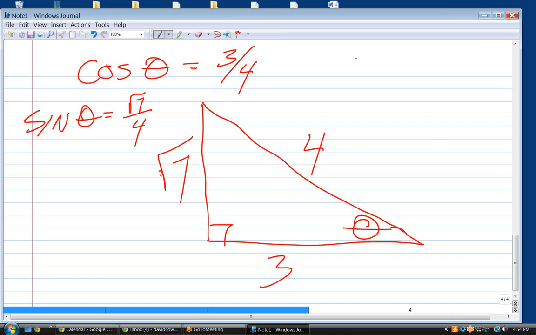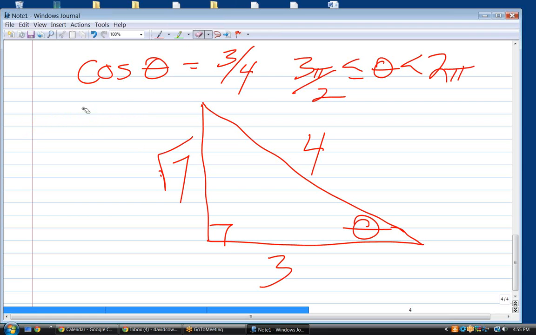In other words, they could have said cosine of theta is 3/4 and theta is greater than or equal to 3 pi over 2 and less than 2 pi. That's the typical problem, where they give you a trig function and tell you which quadrant it's in. You still draw a right triangle. It's the best way to solve it.